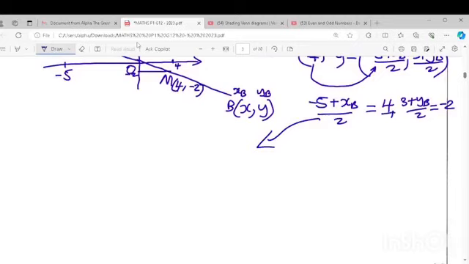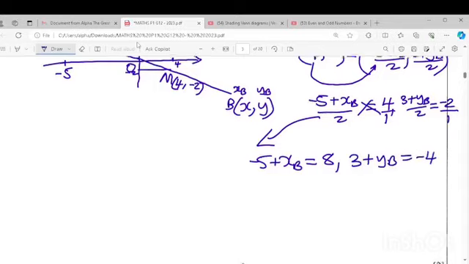Since on the left you have a fraction, we cross multiply. We have -5 plus x in B is equal to 2 times 4, which is 8. Also here is a fraction, so we have 3 plus y in B is equal to 2 times -2, which is -4.